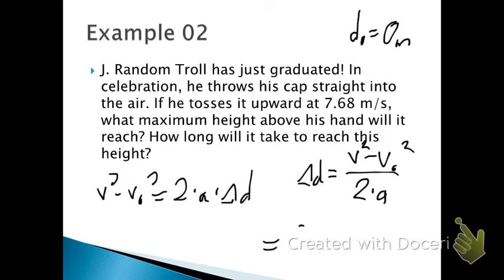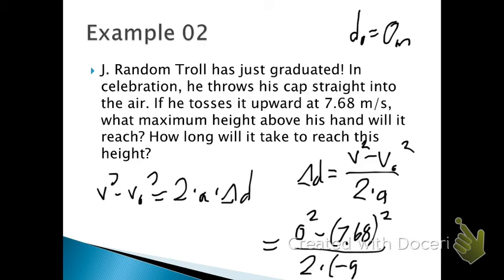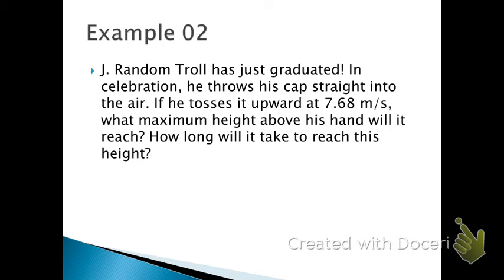I've got 0 squared minus 7.68 squared all over 2 times, I already declared it, negative 9.81 meters per second squared. Plugging that out, I end up with almost exactly 3 meters. Right. So he throws the hat 3 meters up in the air.